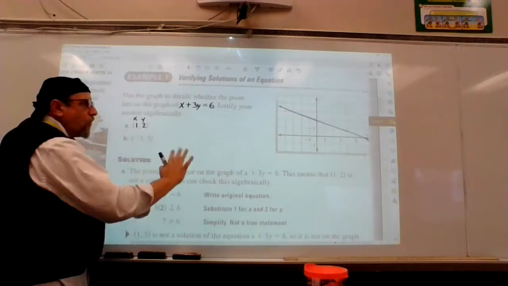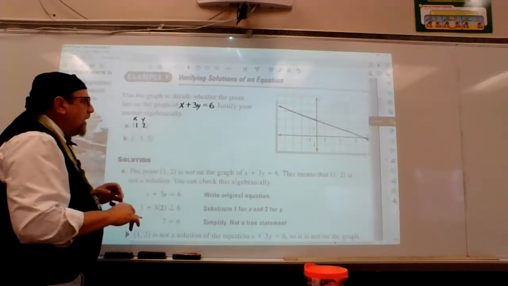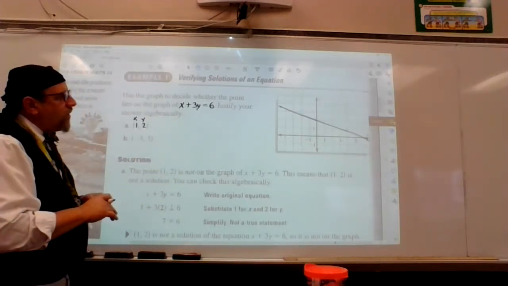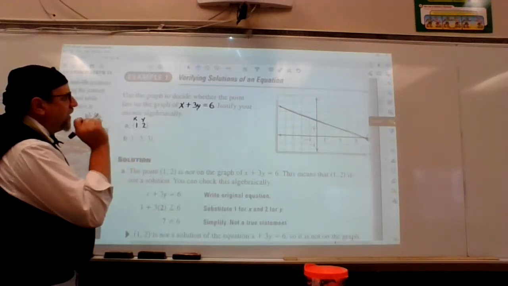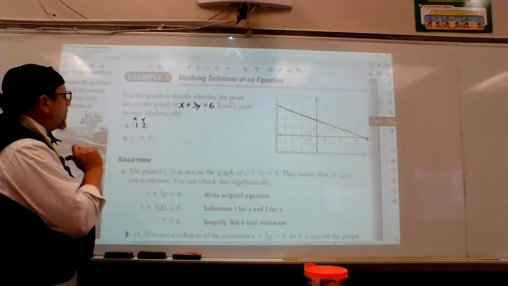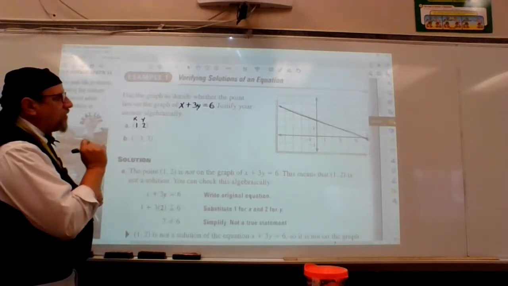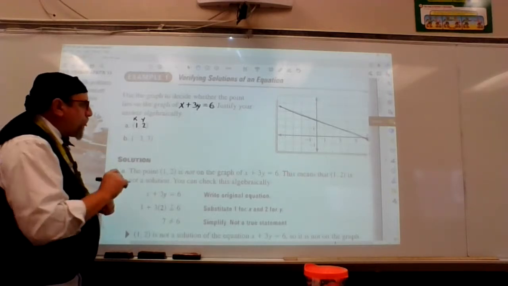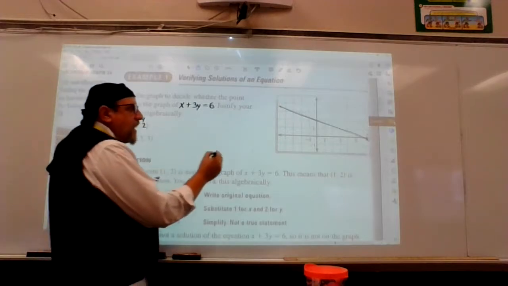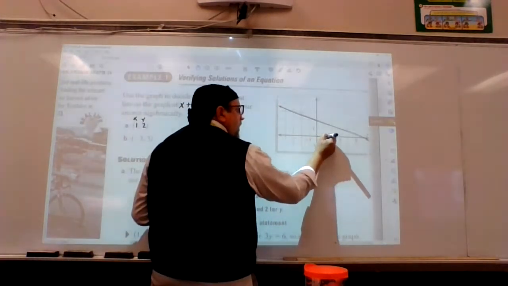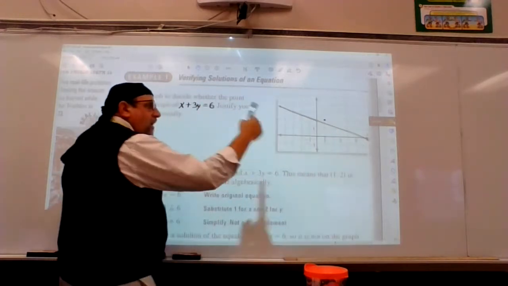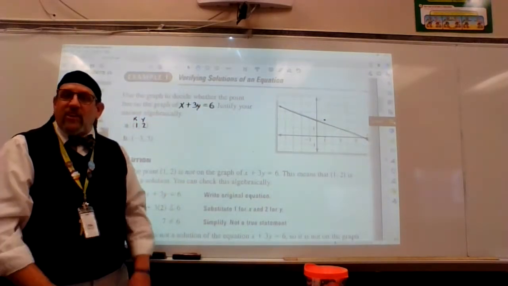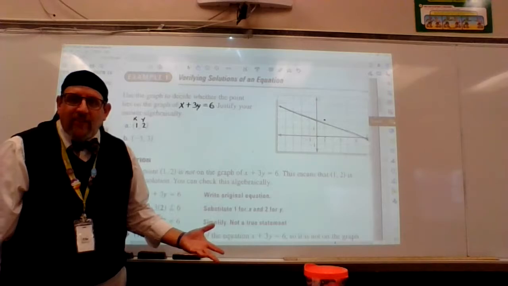So I'm going to count over 1 and up 2 and see if it lies on the graph. Now, I'm not so sure that this is actually the graph of the equation that we see, but let's find out. I think it is. If I count over 1 and up 2, is this dot lying on that line? You're going to say, no, sir, the dot isn't anywhere near the line.